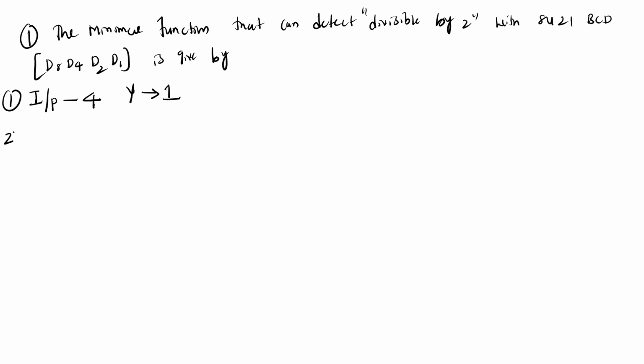After that, to get the relationship between input and output, you need to draw the truth table. What is the range of BCD? 0 to 9 only, no?